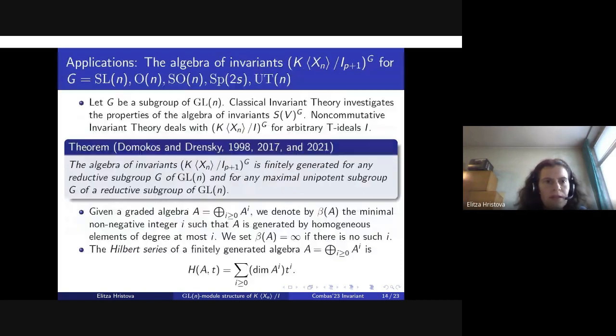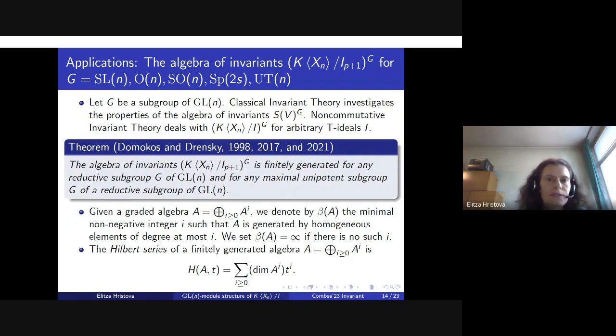Okay, and now we can move to the second part of my talk, which is about applications to non-commutative invariant theory. So let us first say what the topic of non-commutative invariant theory is.